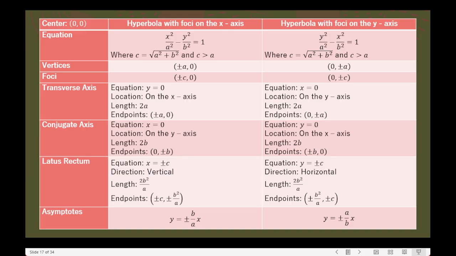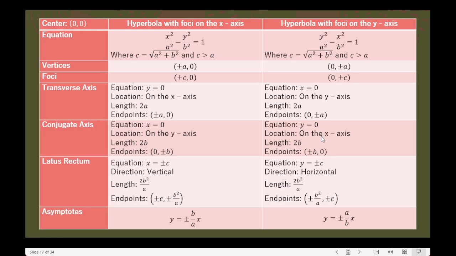Okay, so vertical ang orientation ng pagdrawing ng hyperbola, where c is the same as the c here, the quantity equivalent, the square root of a squared plus b squared, and c is greater than a. So these are the vertices. Okay, positive or negative a, 0, while here 0, positive or negative a.